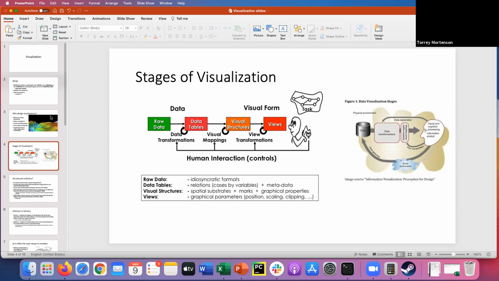We have data tables. That gets managed immediately by your low-level processing in your visual system, but we do a similar thing, categorizing it. We start to map it onto various structures, things that we've experienced before, and then we get views.